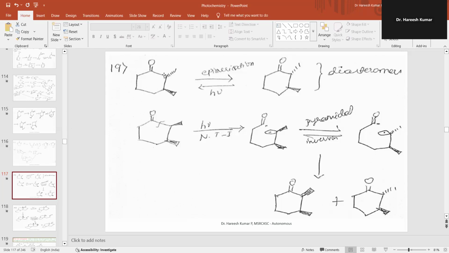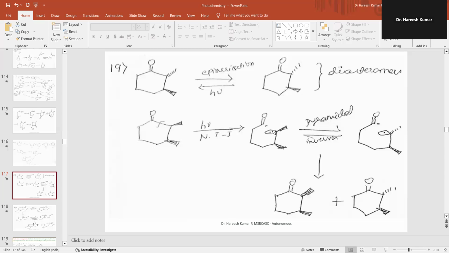As usual, this is also an example of unsymmetrical ketone cleavage, more particularly the more substituted carbon, carbonyl carbon cleavage. So forming an intermediate. And here there will be a conversion. What is that conversion? Pyramidal inversion. So this is again pyramidal inversion.